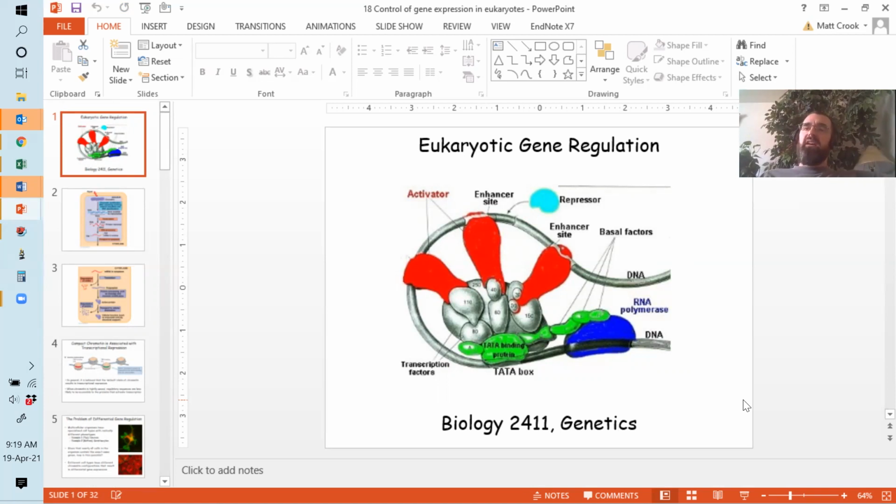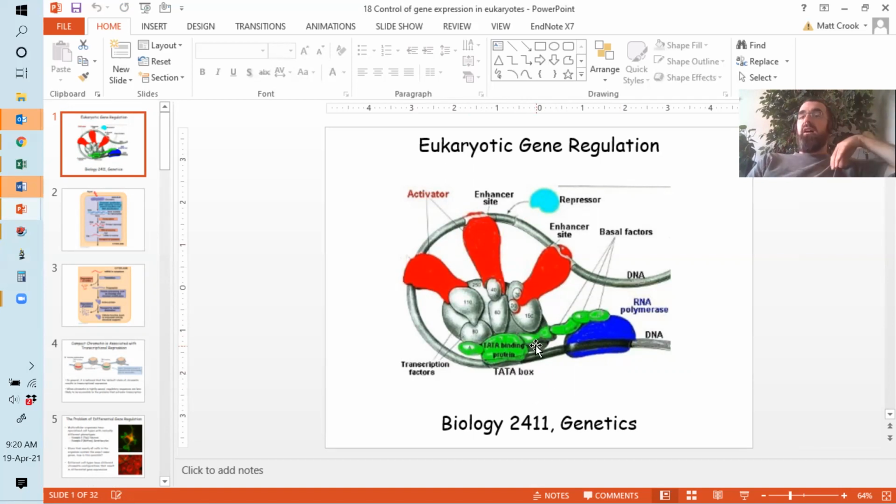And you can see here there are basically many more regulatory elements in the promoter of a eukaryotic gene. We have enhancer sites, which increase transcription. We have our basal regulator, which contains the TATA box and is all about RNA polymerase binding.